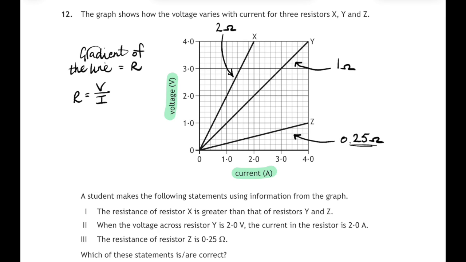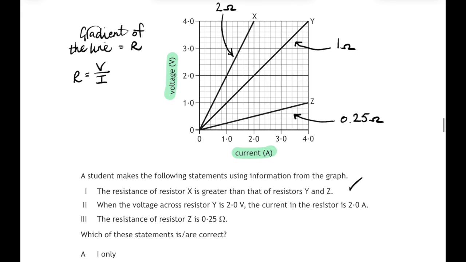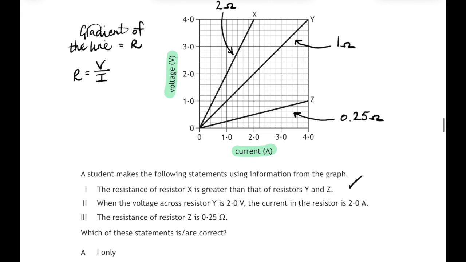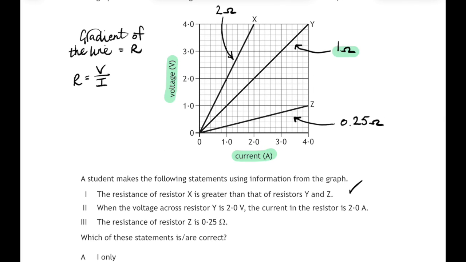And then we have to choose which of the following 3 statements is or are correct. So let's look at them one at a time. Statement 1, the resistance of resistor X is greater than that of resistors Y and Z. Well, that's correct. In statement 2, when the voltage across resistor Y is 2 volts, the current in the resistor is 2 amps. Well, we could read that straight from the graph, and that is correct.